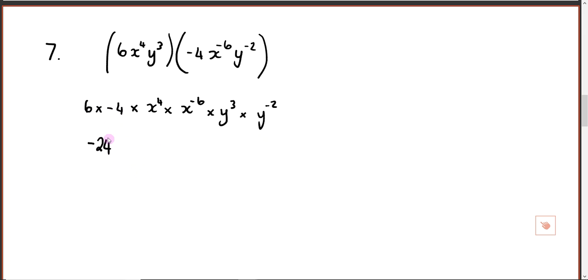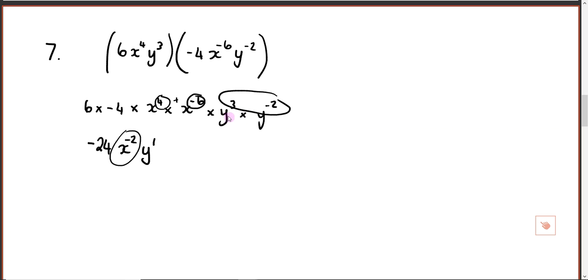Some people just imagine there was no negative. Negative 24, x to the power of, well, these powers we add. 4 add negative 6 is negative 2. 3 add negative 2 is 1.